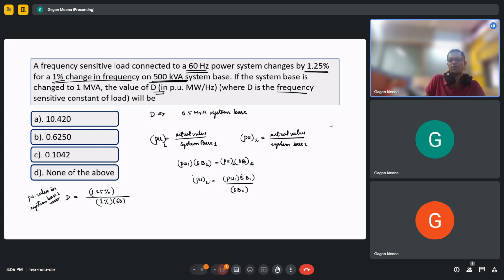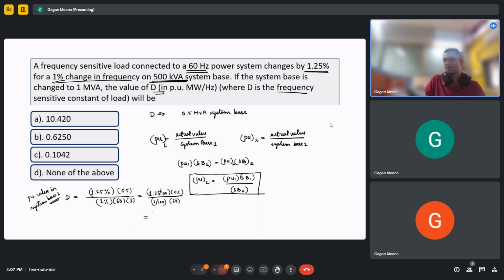So now we need to use this: per unit into SB1 divided by SB2. System base 1 is 0.5 and system base 2 is 1. This will give the per unit value on system base 2. So this will be 1.25 divided by 100, multiplied by 0.5, divided by 1 divided by 100 into 60.